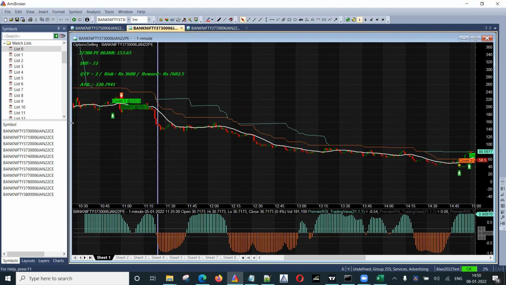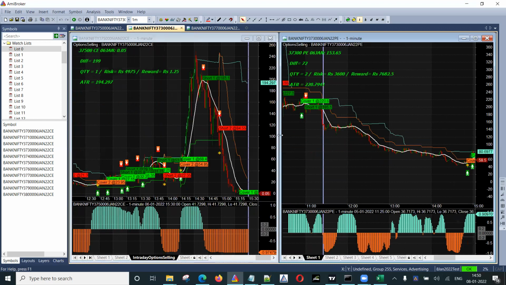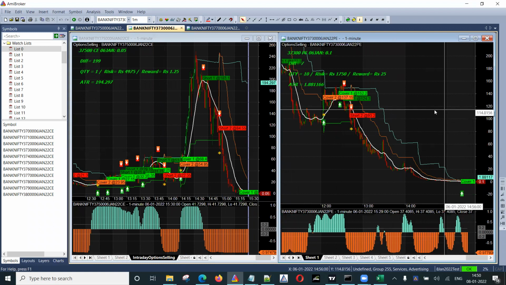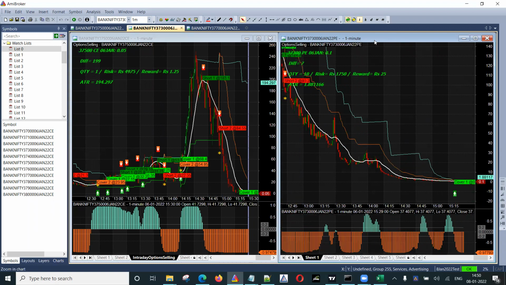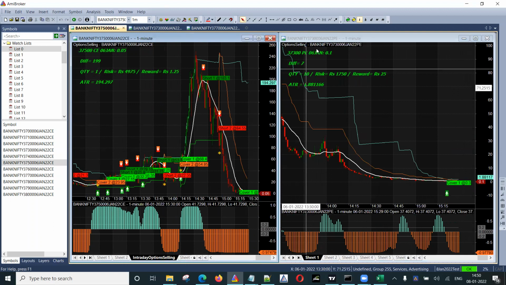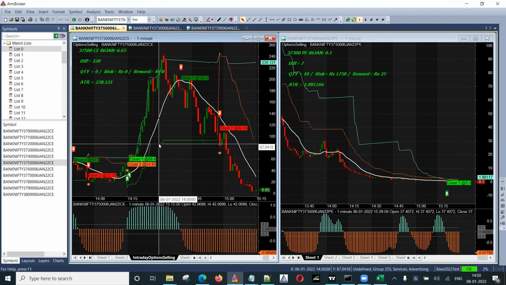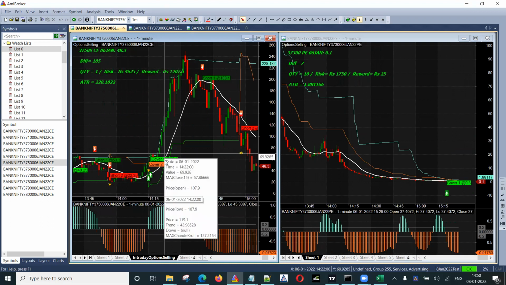In fact, we will have four charts, two of call and two of put. So we will have something of this sort, right? On the right hand side I have plotted put, and on the left hand side I have plotted call. As an example, I am taking an expiry date which is 6th of January.